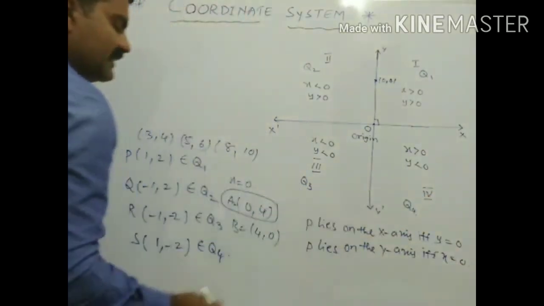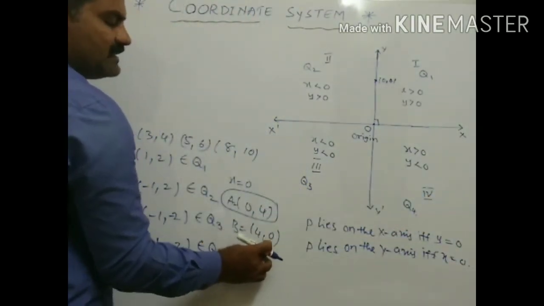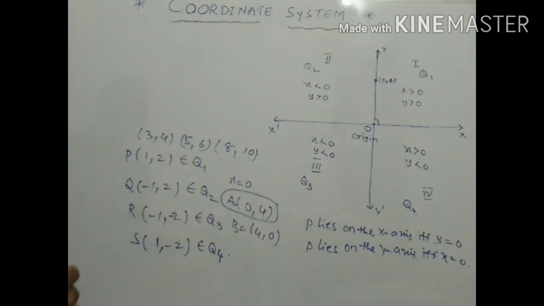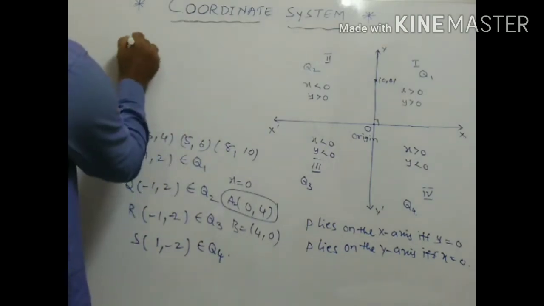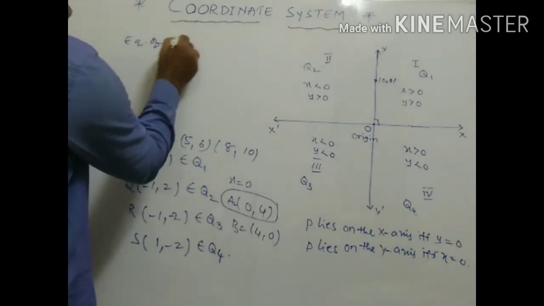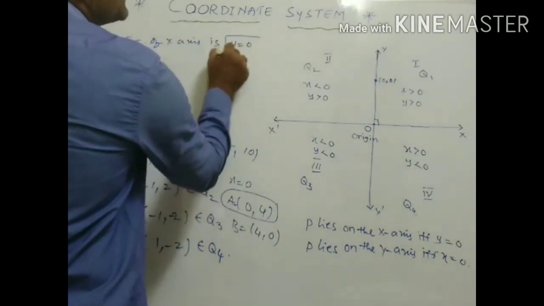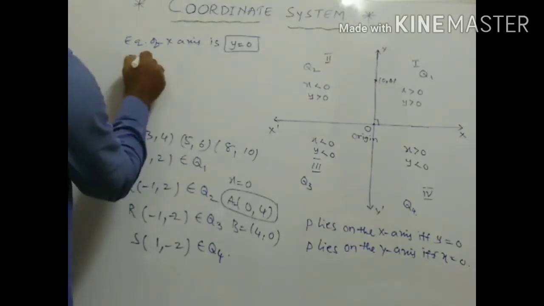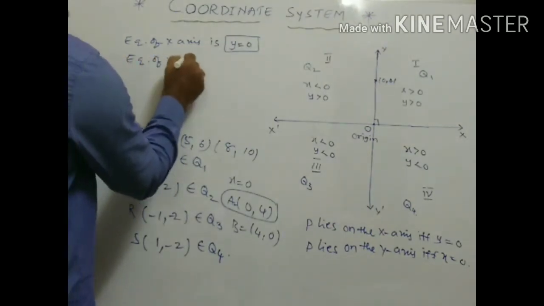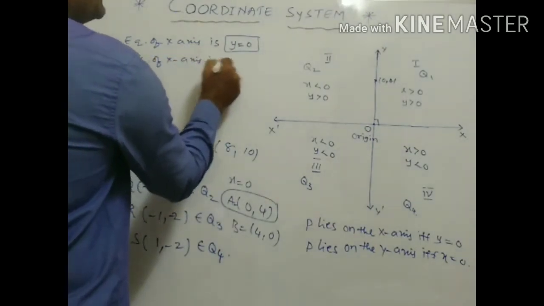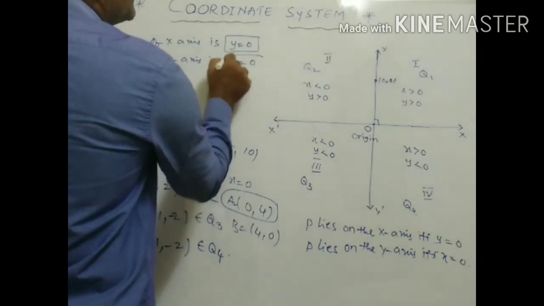Similarly, it is a point on the x-axis if the y coordinate is equal to 0. Hence, the equation of the x-axis is nothing but y equals 0, and similarly the equation of the y-axis is nothing but x equals 0.